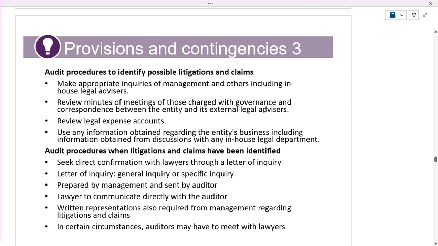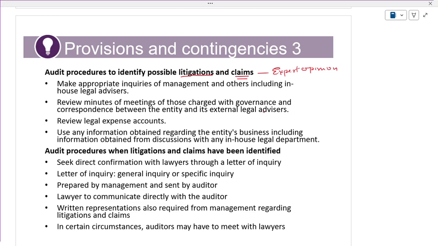Where any litigations, any legal cases, any claims are there, understand the point? Automatically you have to take expert opinion. This is one area they will judge and assess in audit procedure.